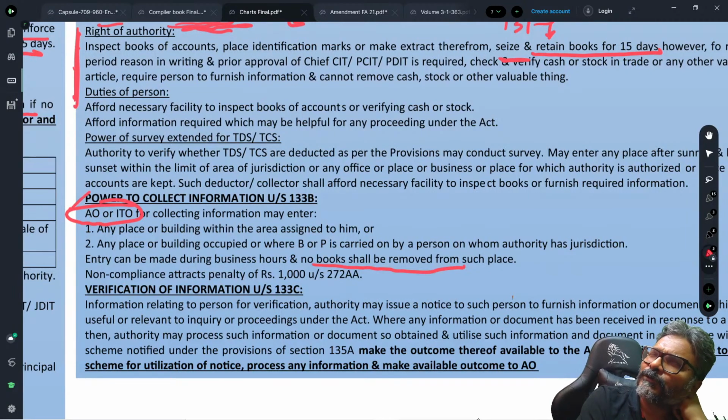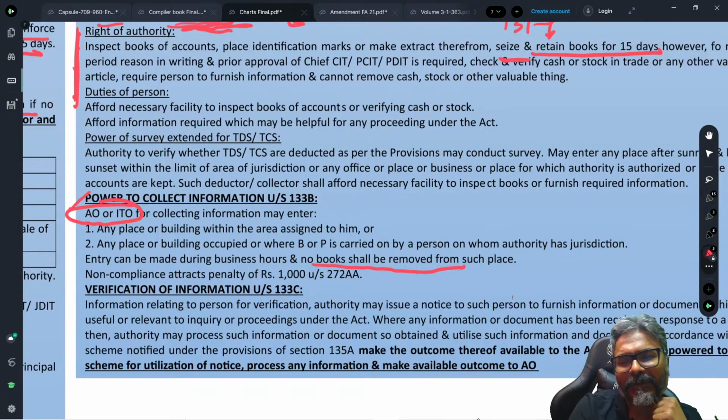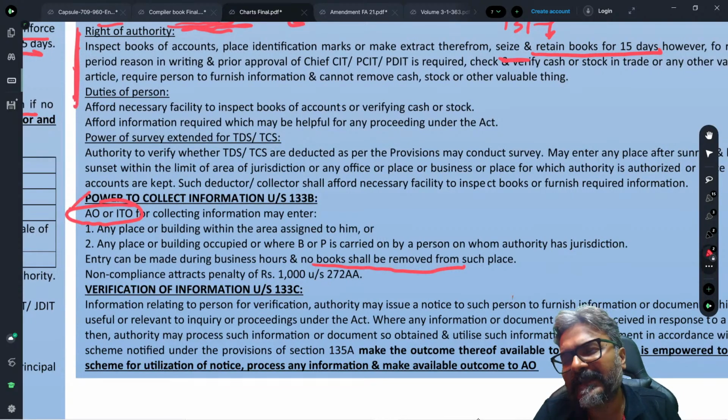You will have to see whether they have mentioned the word survey in the question. If they have mentioned the word survey, then it will be a question of section 133A. And if in the question they haven't used the word survey, then this is a case of 133B.